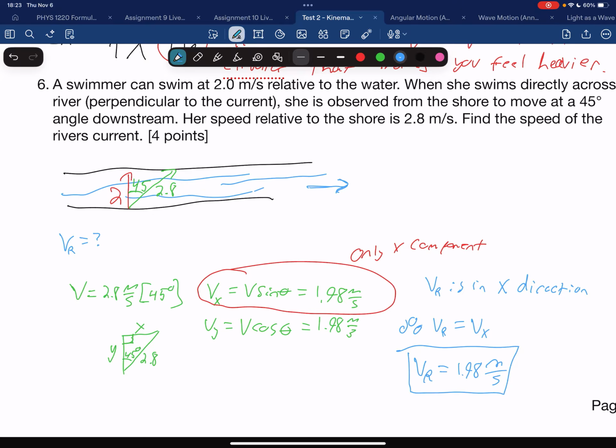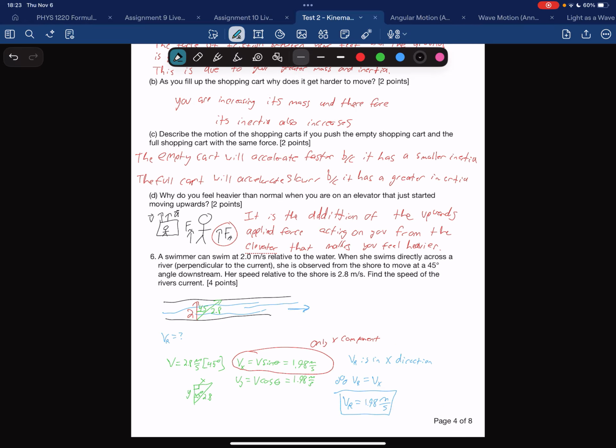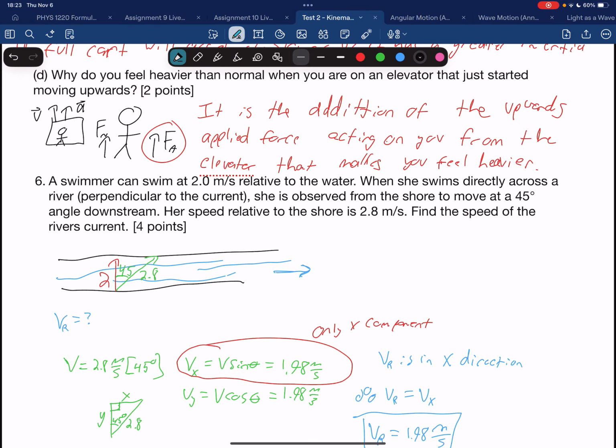Something you could have noticed right off the bat as a bit of a shortcut is that this is a 45-degree angle in a triangle with 45-degree angles here and here. You know that your two side lengths, I'll mark them with x's here, have to be equal. Actually, I'll call them x and y.